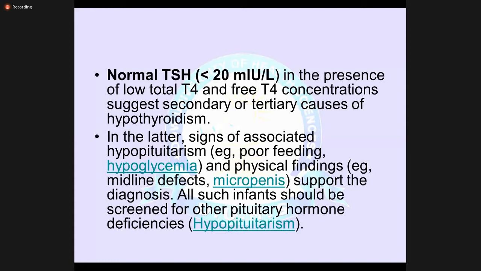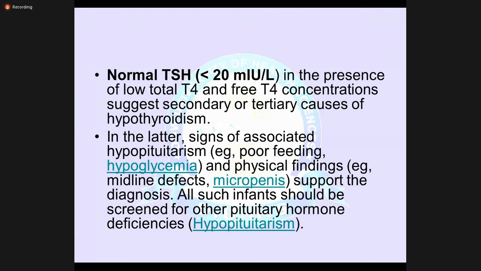So it will indicate that it could be a case of secondary or tertiary hypothyroidism, meaning that the fault is in the anterior pituitary or hypothalamus. And how can we find out where the fault is? As we have discussed earlier, secondary hypothyroidism usually doesn't occur in an isolated fashion. It is associated with the deficiency of other anterior pituitary hormones.